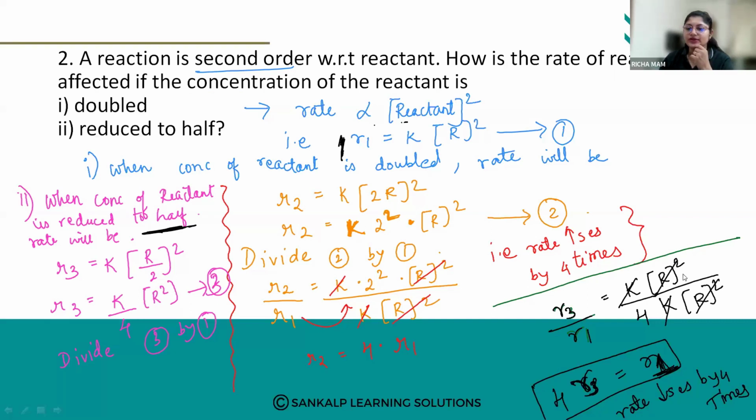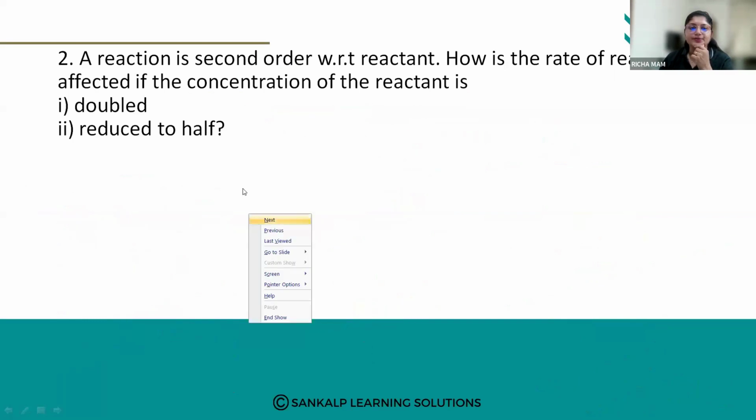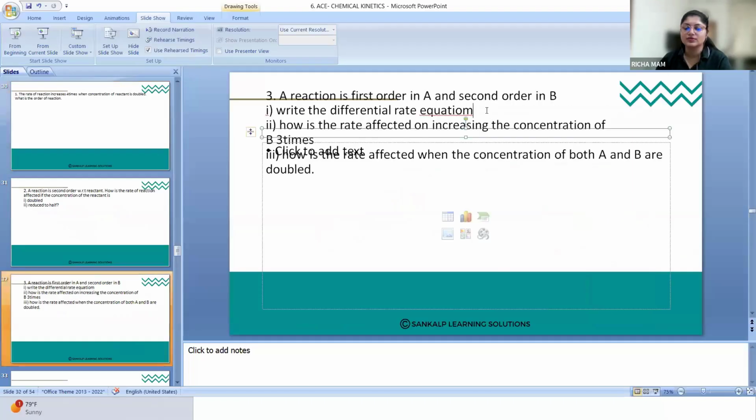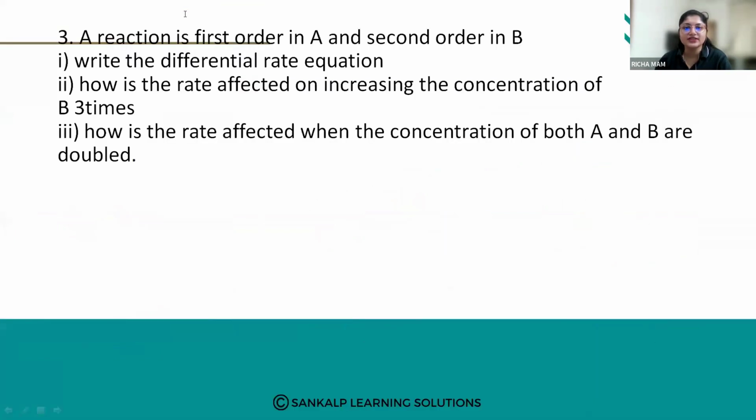One more question. We have one more question. A reaction is first order in A and second order in B. Write the differential rate equation.